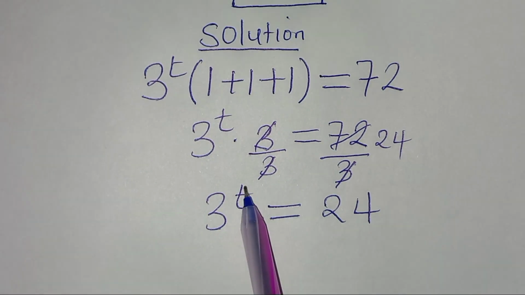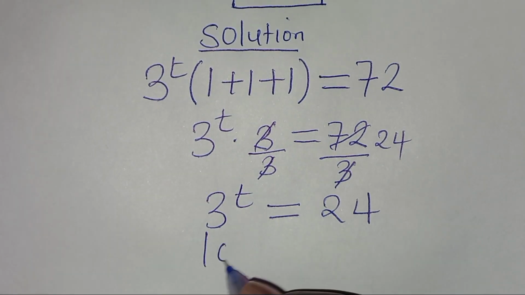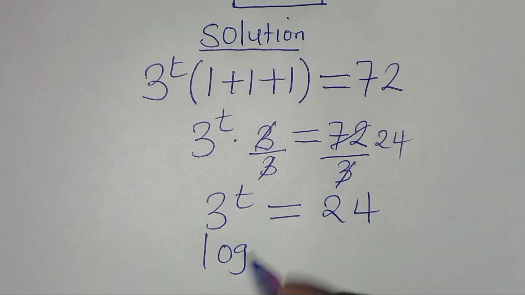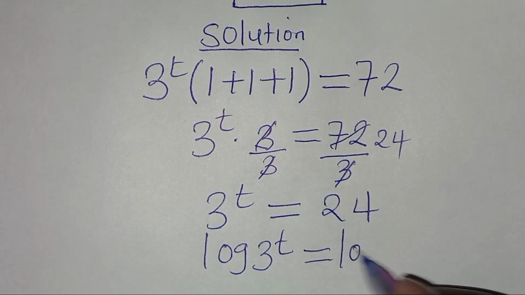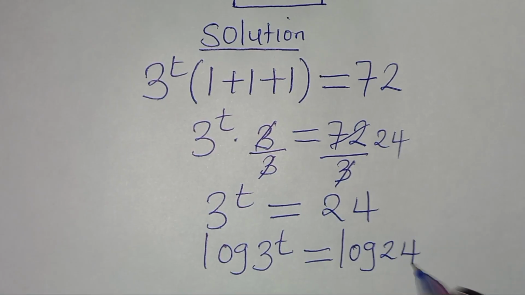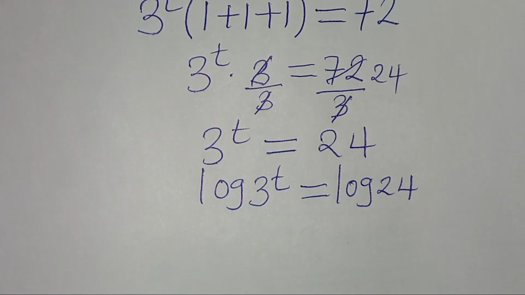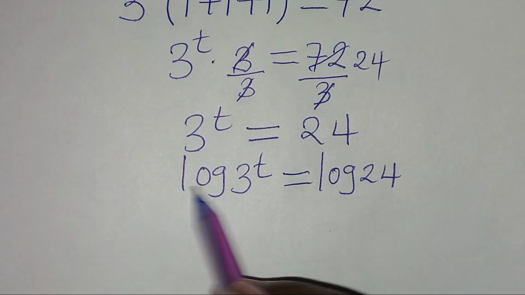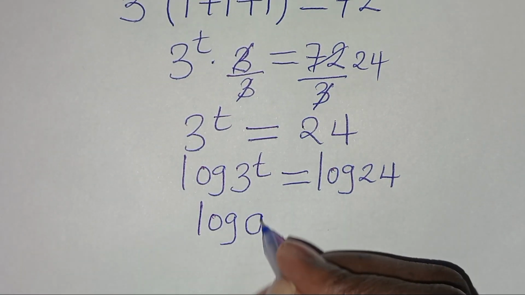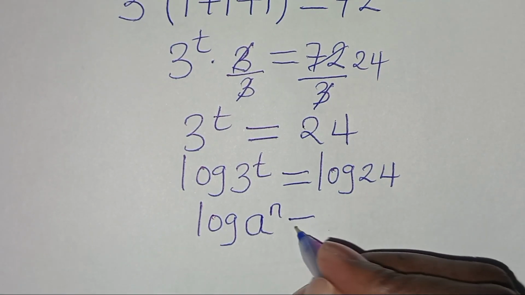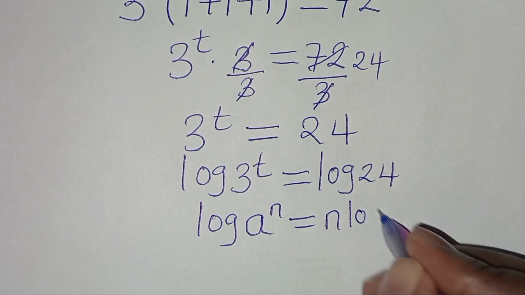To solve for the value of t, we introduce logarithm on both sides so that here we'll have log 3^t equal to log 24. So log 3^t is in the form log a^n, which we can express as n log a.